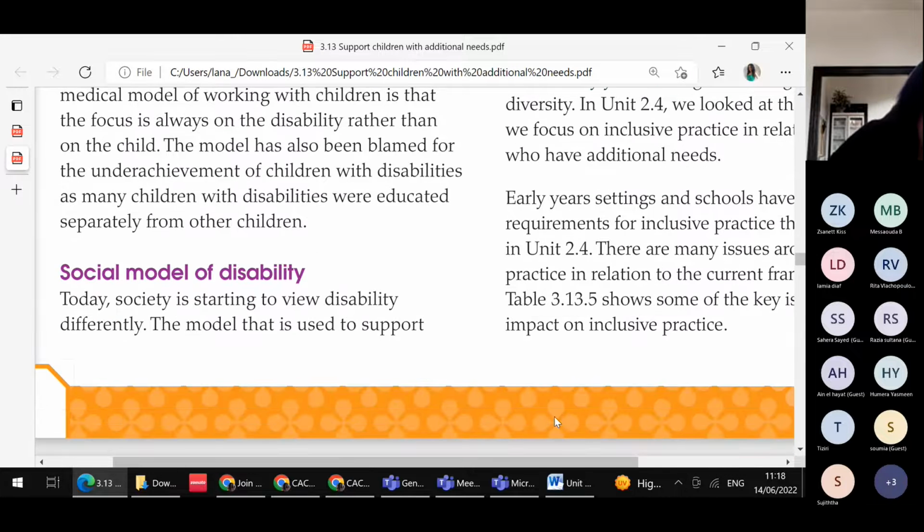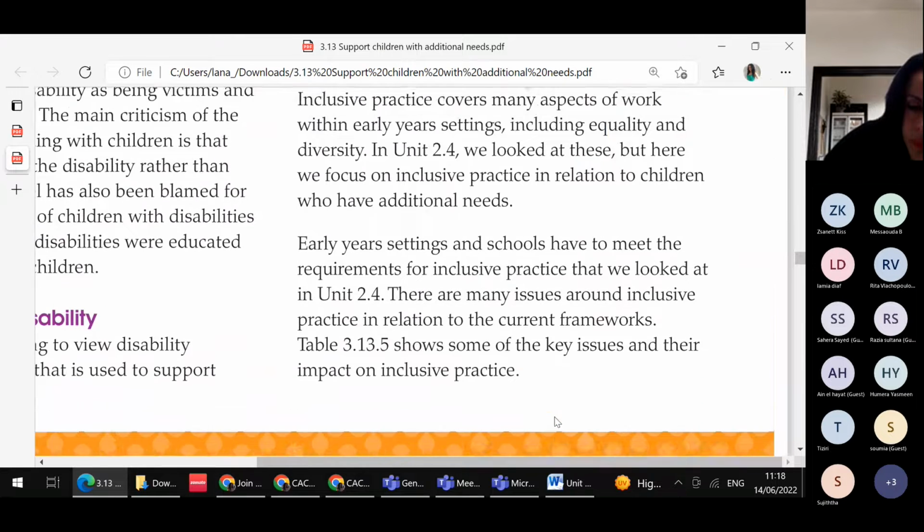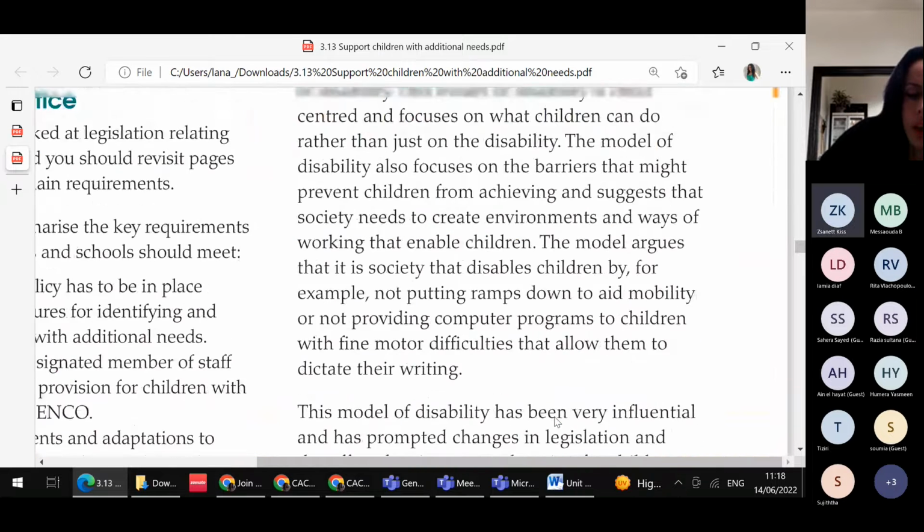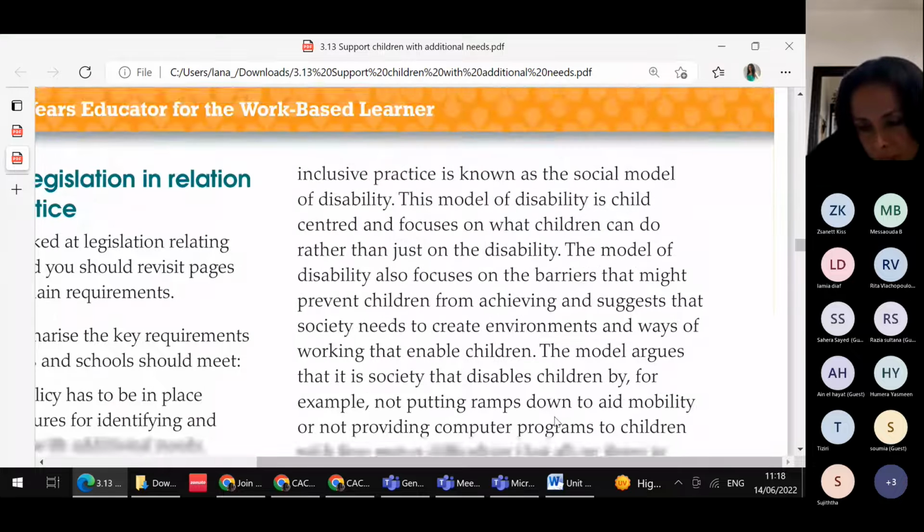Nowadays, society starts to view disability differently. So the model has been changed from the medical to the social. How did that happen? Because of inclusive practice.